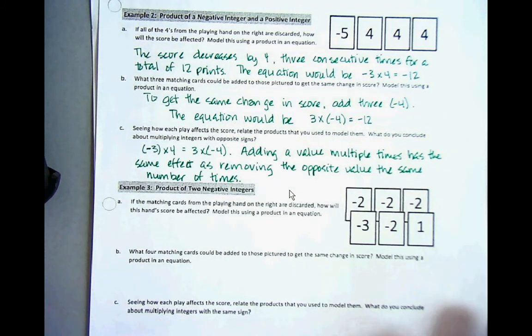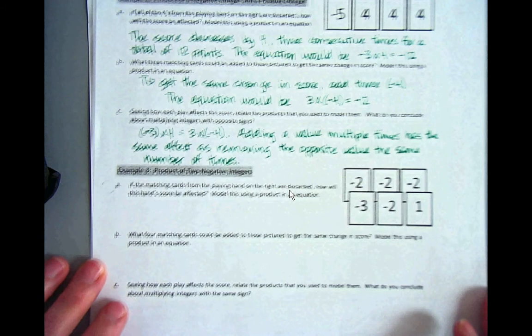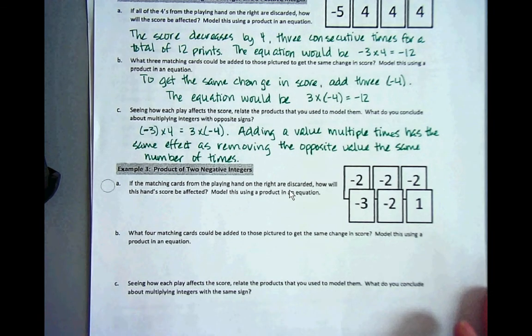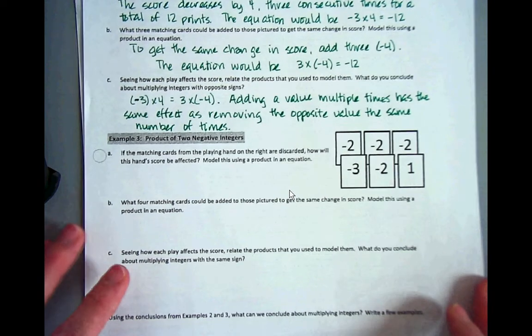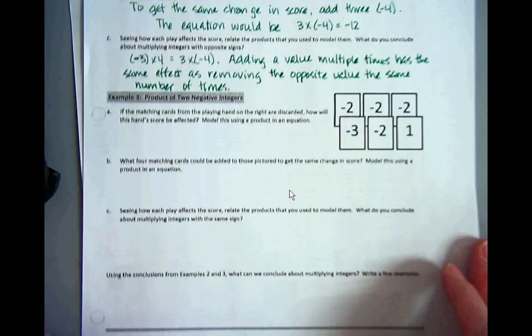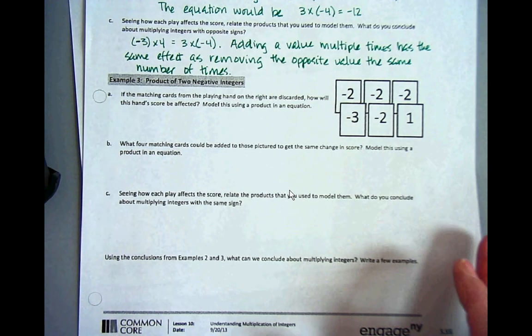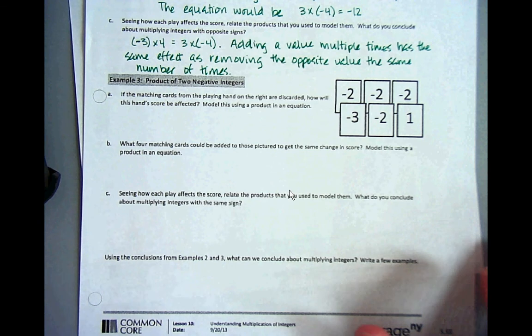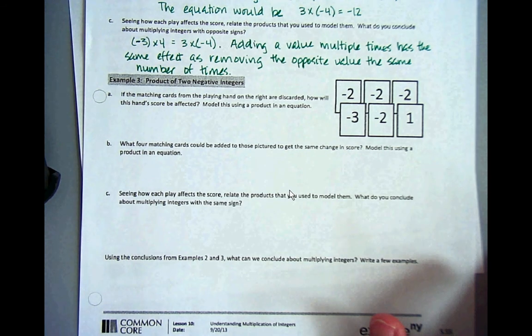Okay. All right, so we do know that 3 times a negative number and a negative number times a positive number are going to be the same thing. So let's take a look at our example 3. If the matching cards from the playing hand on the right are discarded, how will this hand's score be affected?